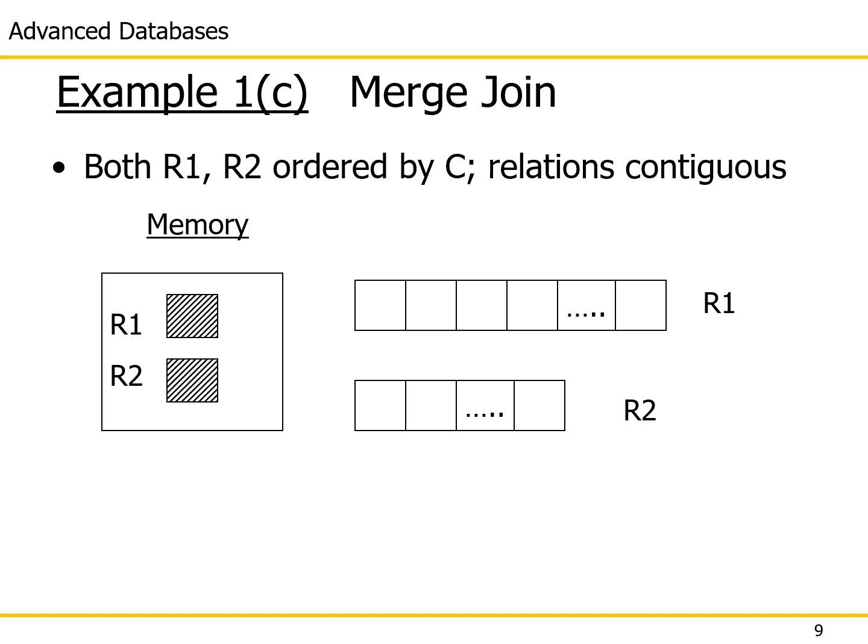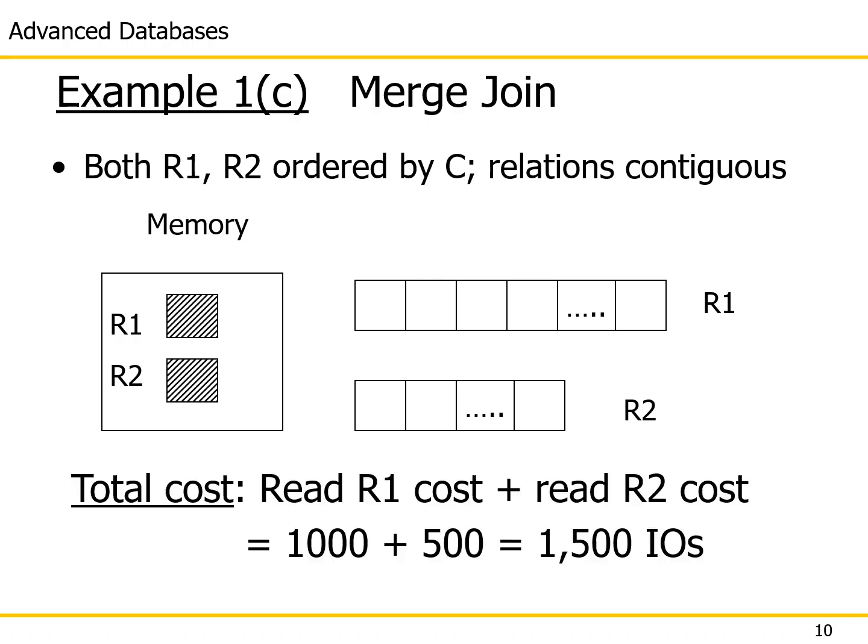So if the relations are contiguous and R1 and R2 are sorted by C, that's quite a nice scenario, because the cost of the sort-based merge join is just the cost of reading R1 plus the cost of reading R2.